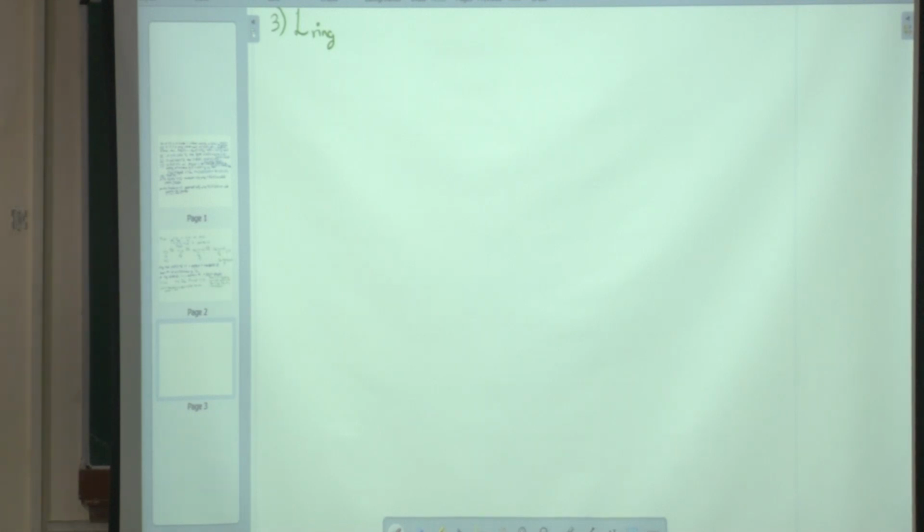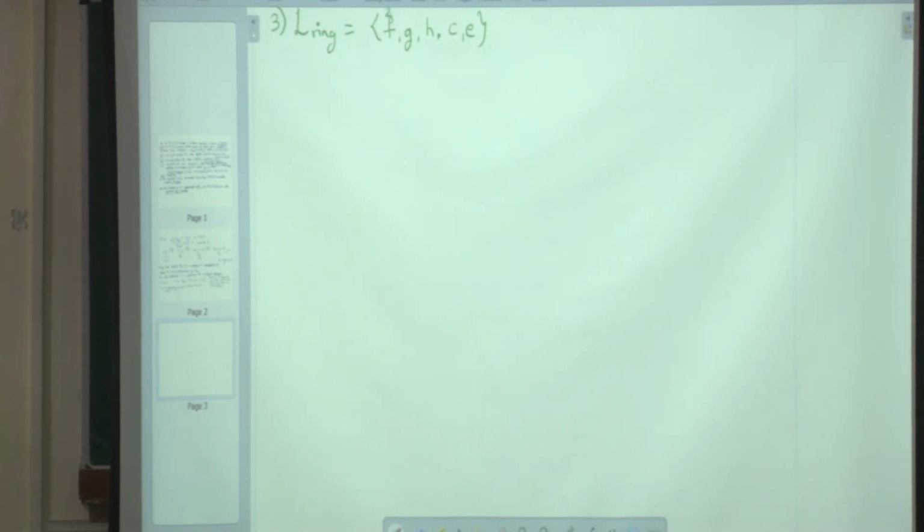So in L ring, I think we should do the example that we talked about. Maybe I should remind you what L ring is. Right now I'm just going to use this notation F, G, H, C and E. Can you tell me what is F?